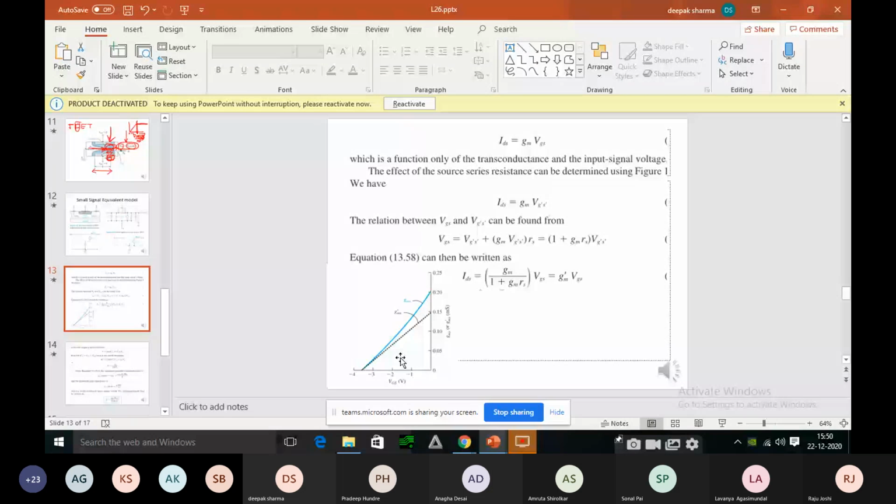This graph is also saying the same thing, that minor change. When we consider the source resistance RS, then this dashed lower line will be visible. What is this line? This is VGS, right?